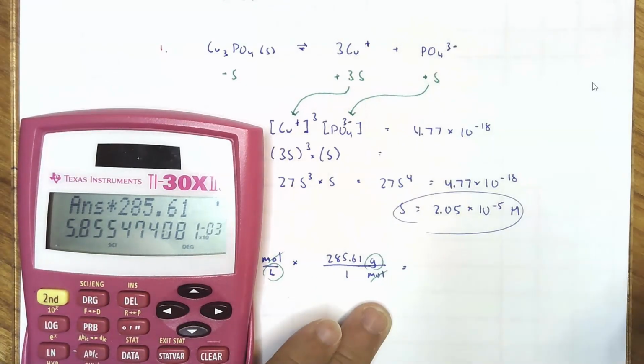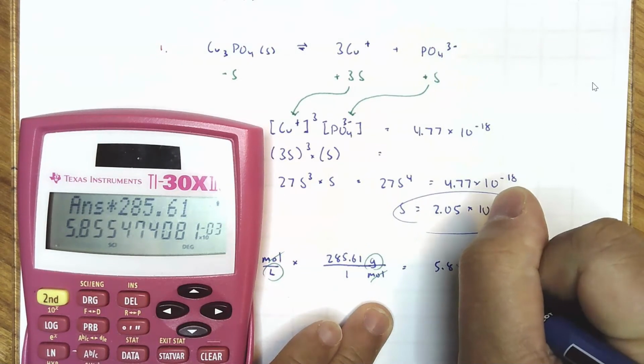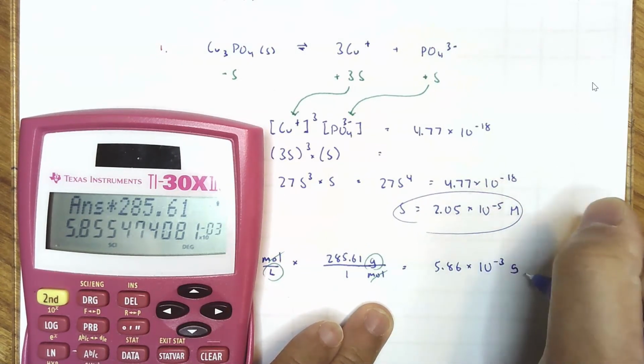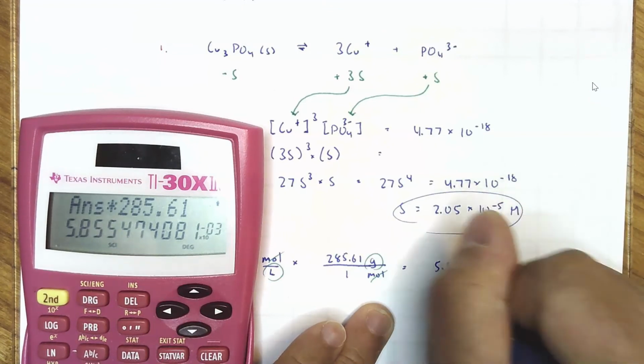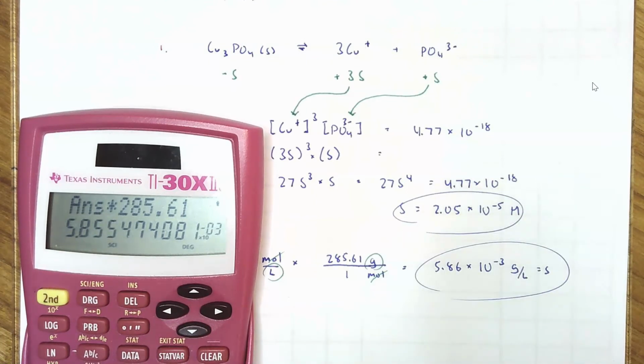Okay, now what does this number mean? 5.86 times 10 to the minus 3 grams per liter. If you have a liter of water, that equals little s. When you have a liter of water, you could dissolve this many grams of the copper 1 phosphate.